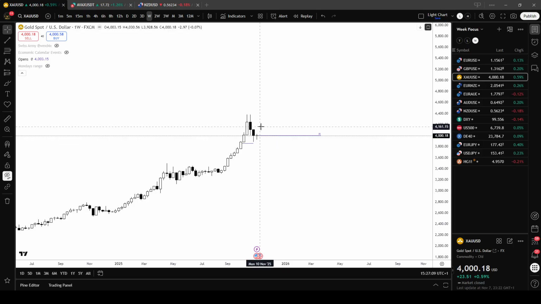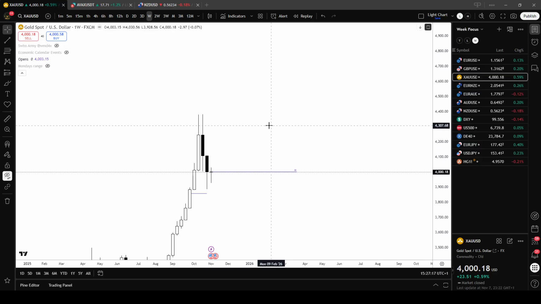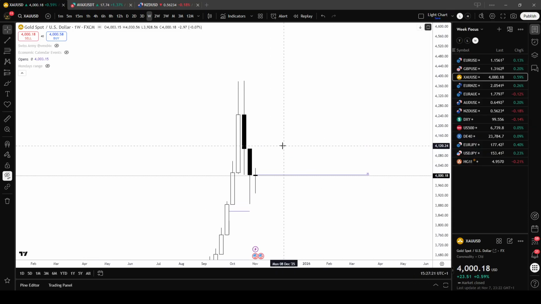We've had 2 weeks of cooling off and selling off, and last week we didn't go anywhere. So notice how this week we had a flat weekly open candle.